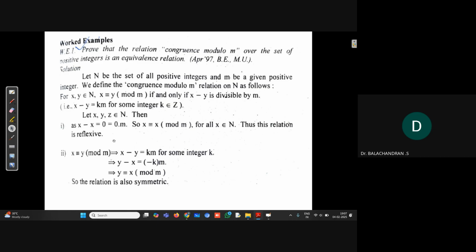So this relation is reflexive. Next, symmetric. If x is congruent to y mod m, then I need to prove y is congruent to x mod m. If x is congruent to y mod m, it implies x minus y is divisible by m. So you can write x minus y is equal to k times m for some integer k.